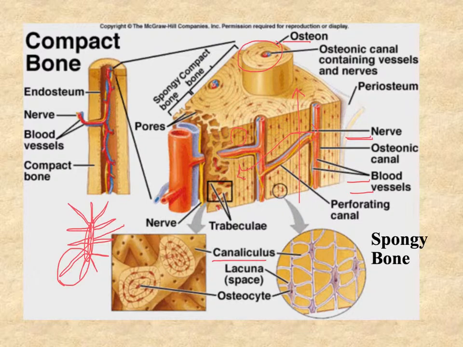So then moving to spongy bone, the arrangement of the osteon does not happen around a central canal. The nerves and the blood vessels, the nutrients and the information they provide have to be diffusing into this central area, the air-filled, spongy-looking bone tissue.